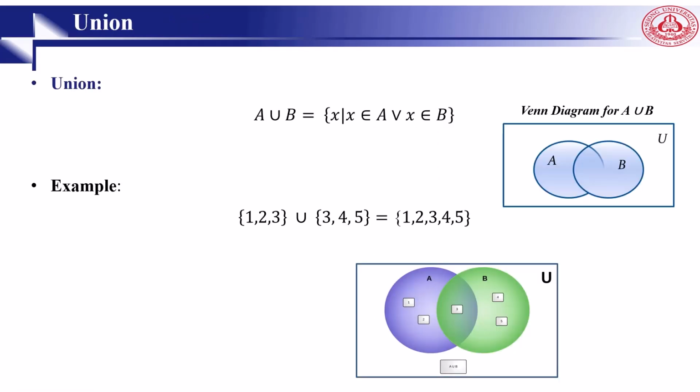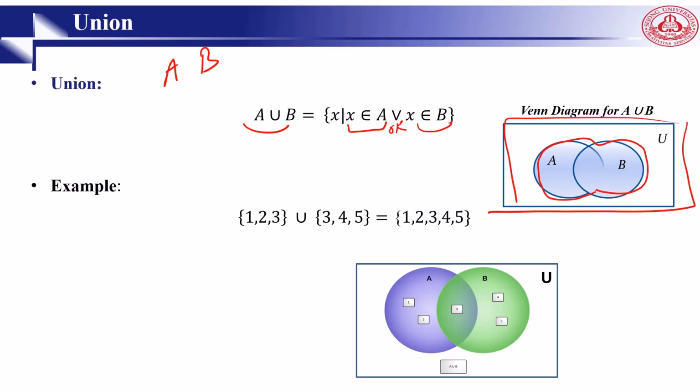Union: if we have two sets A and B, then the union is denoted by A cup B, and it is defined as all x such that x belongs to A or x belongs to B. We can also show it using a Venn diagram: if this is A, this is B, and this is the universal set, then the union of A and B is the total of this area.